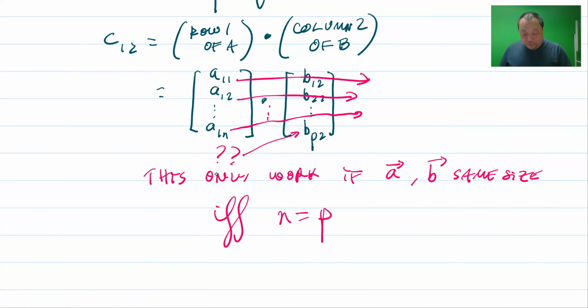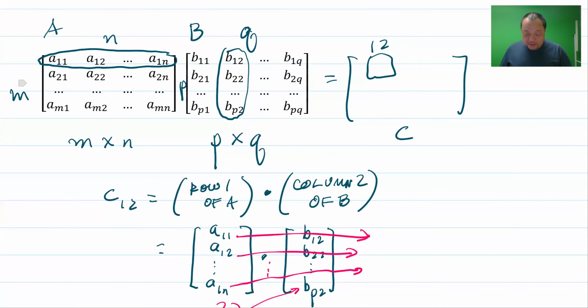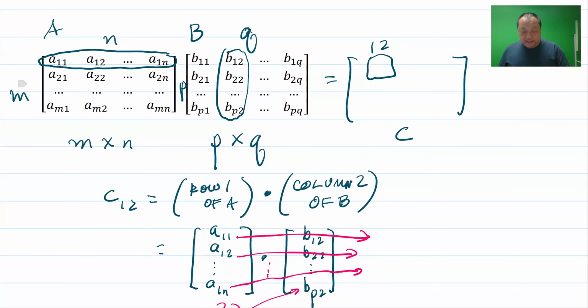Going back to the two matrices, you can only multiply A times B if this number and that number are equal. When you multiply two matrices, M by N times P by Q, the N and P, the two numbers on the inside, have to be the same number.